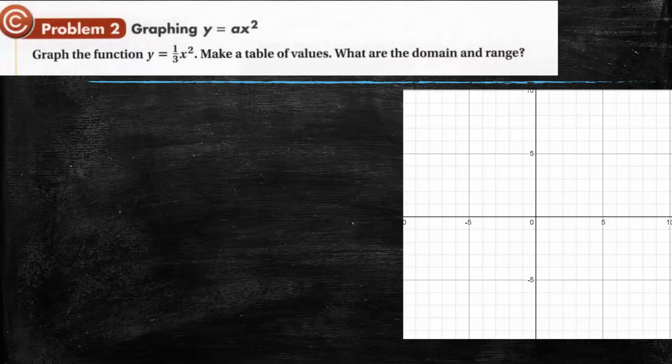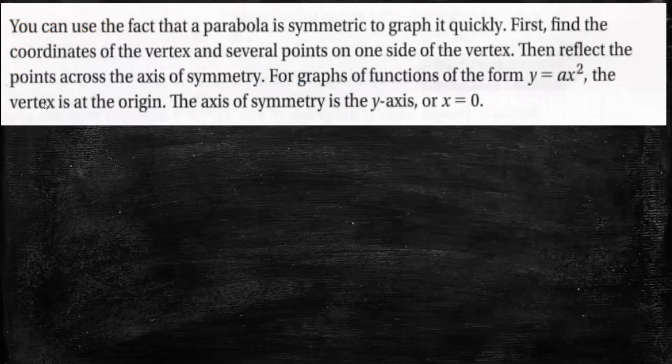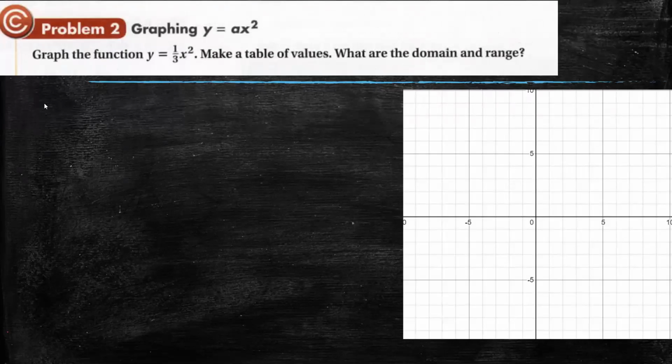The function now is y equals one third x squared. Now, is a positive or negative? The coefficient of x squared is positive. So that's a hint for me that the graph is going to open upward.